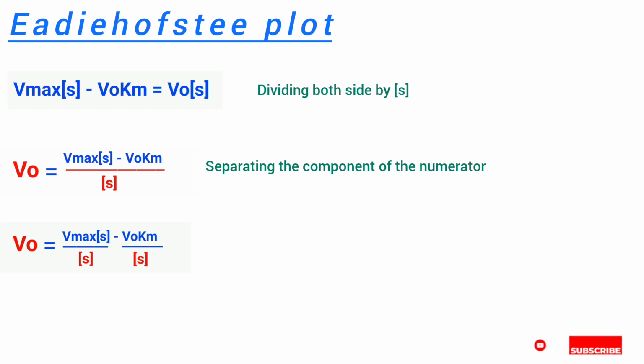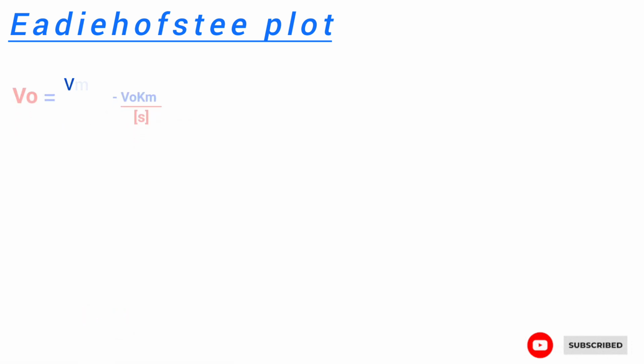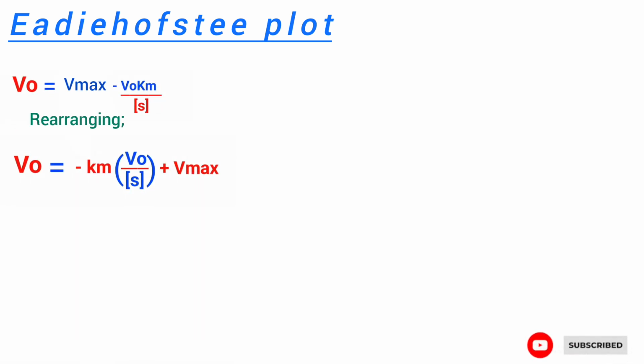Now, if substrate concentration cancels substrate concentration, then we have V0 is equal to Vmax minus V0 times Km over substrate concentration. Now, we can rewrite this as V0 is equal to minus Km into bracket V0 over substrate concentration plus Vmax. And this is the Eadie-Hofstee equation.